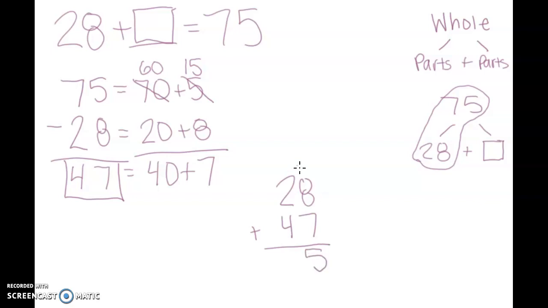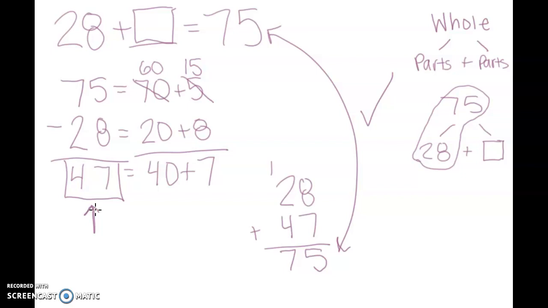So we have our 5 and we carry our 10. 1 plus 2 is 3. 3 plus 4 is 7. The answer is 75. Do they match? Yes, they do. So that means that our missing part, our missing addend, was 47.